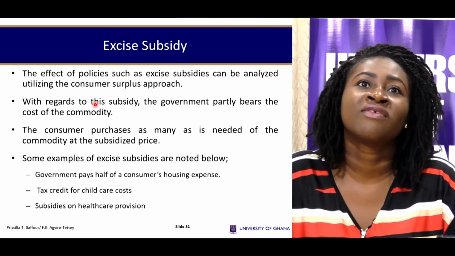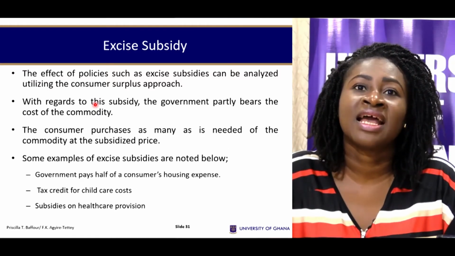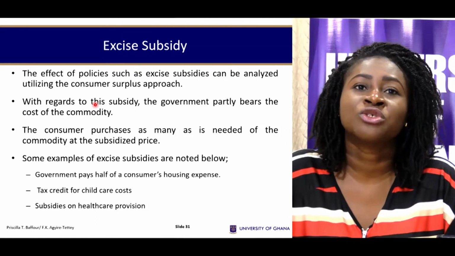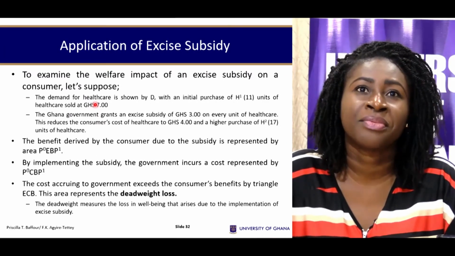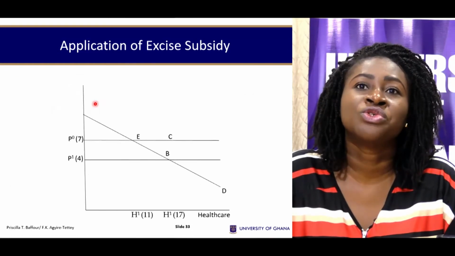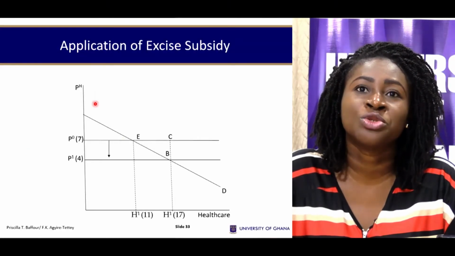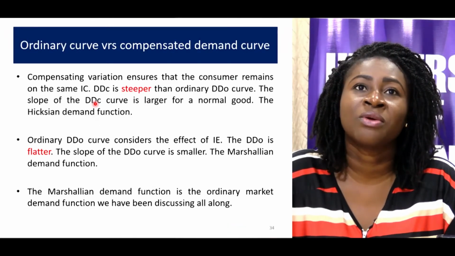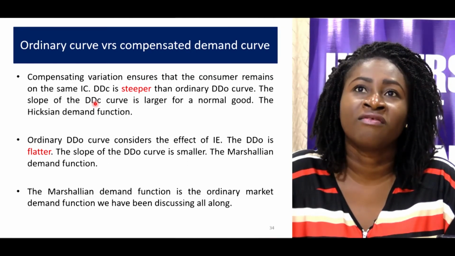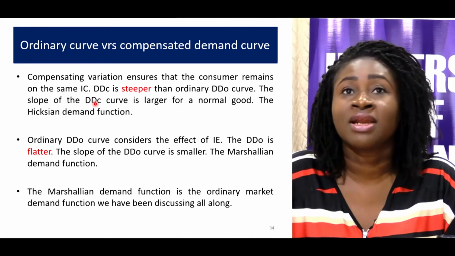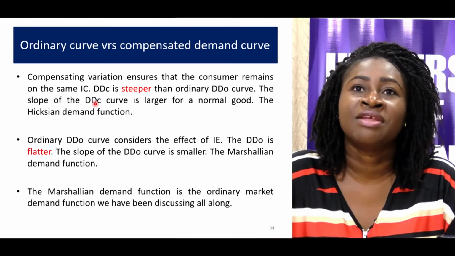So in terms of subsidies, excise subsidies, we also know that it has an effect. So how should government go about application of subsidies? I have given a preamble here, and I would want you to go through it. I have provided a graph that shows you how this is done with all the explanations given. So due to time, I will not go over all of it.